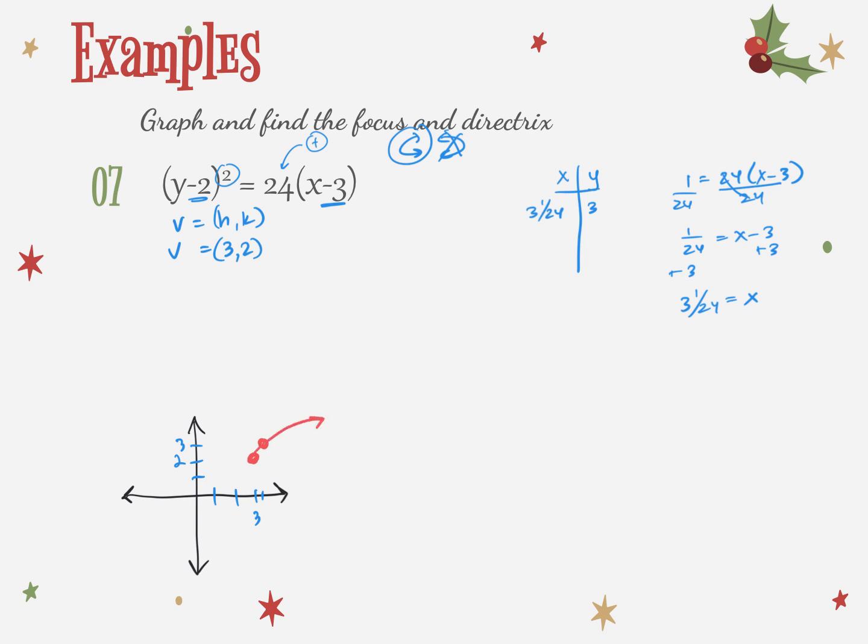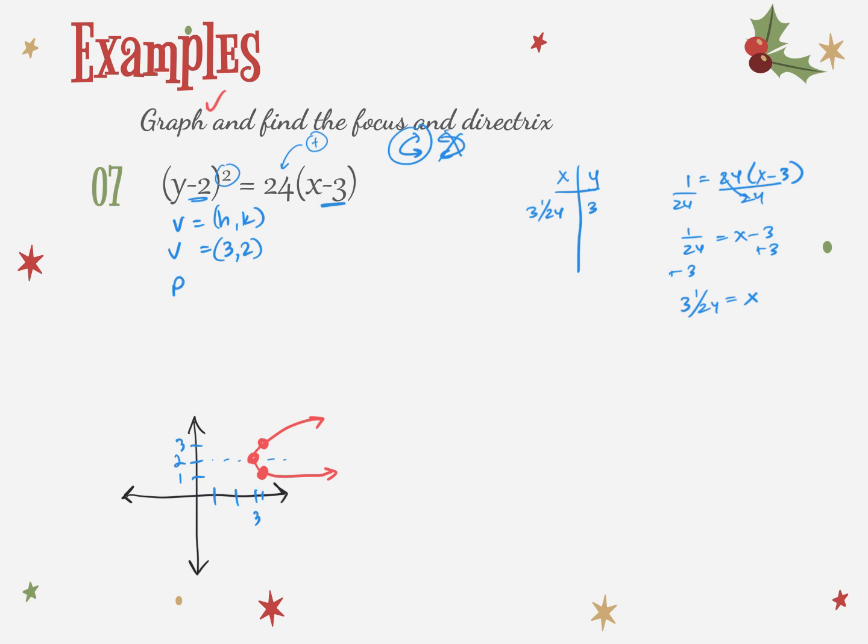And so when I go 1 unit below, remember this is kind of like my axis of symmetry, I'm going to have, when x is 3 and 1/24, also a y value of 1 there. And so there's my basic graph. So that checks off the need for the graph. Now I need to find my focus and my directrix, which is going to involve the p-value.